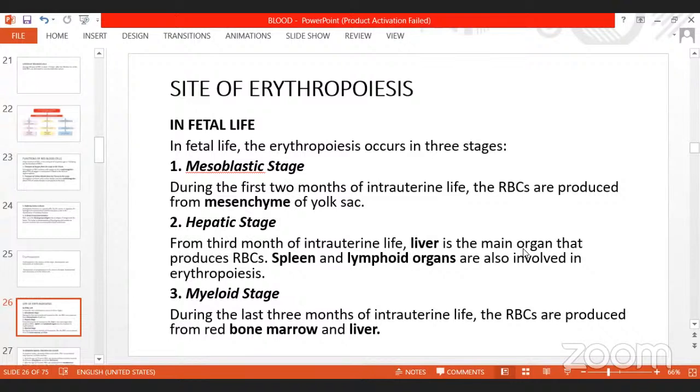During the last 3 months, the RBCs are produced from red bone marrow along with the liver. So the first 2 months it is from the mesenchyme, from the 3rd month onwards it is from the liver, and in the last 3 months the bone marrow is also involved in RBC production.